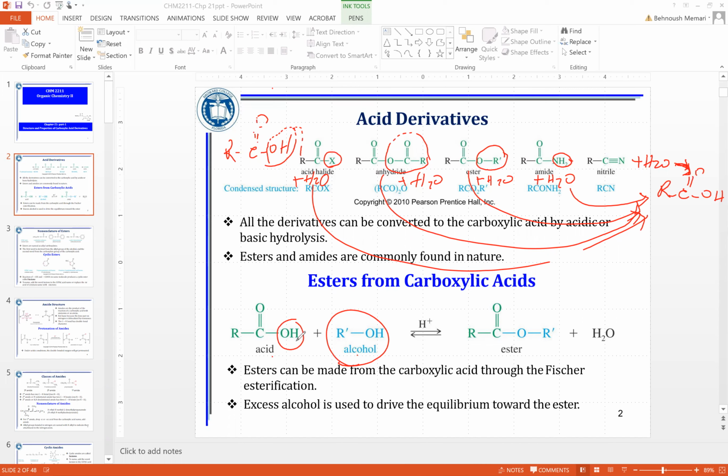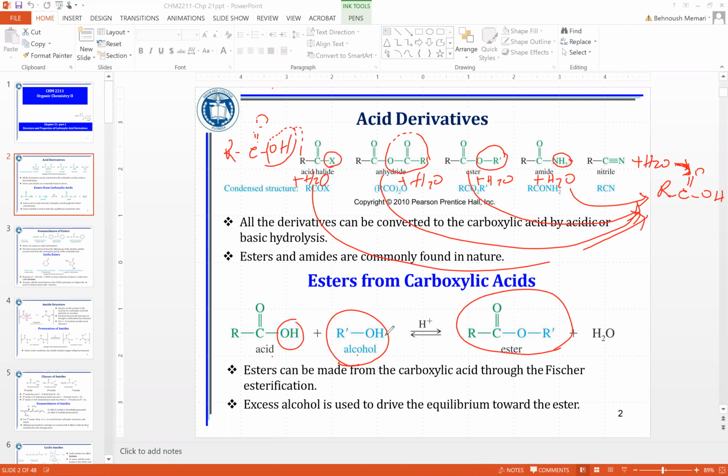You have a weak nucleophile and a bad leaving group, so you must have a catalyst. H plus, or acid, is used to catalyze this reaction, and we get ester.